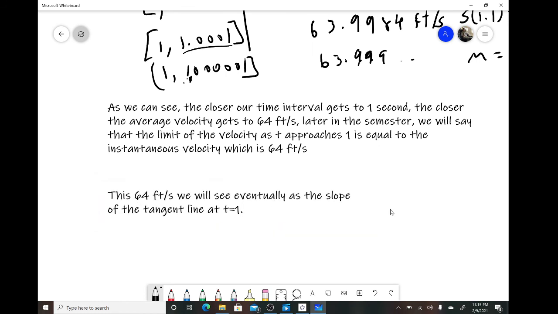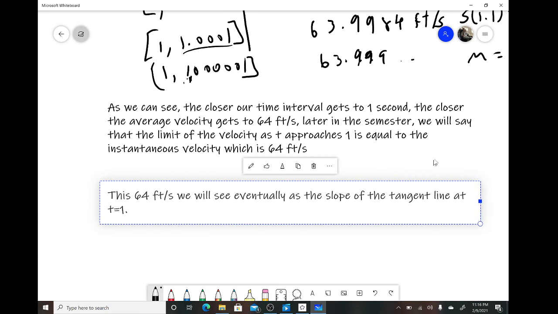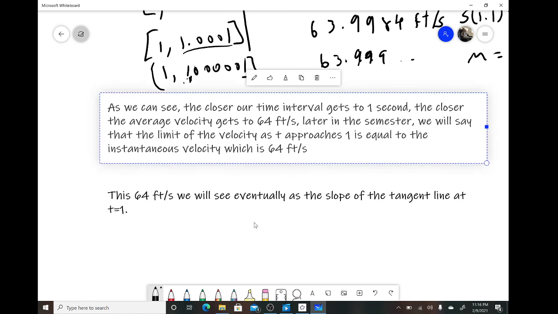So eventually we will see what tangent lines mean. We will need the derivative for most of the computations with tangent lines to make our lives easier. I mean, you could always estimate it, but the functions that we'll be dealing with in this class are going to be very messy as we move along, so you definitely don't want to do this by hand.